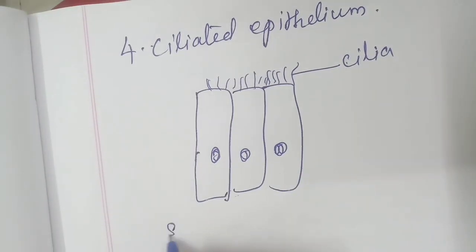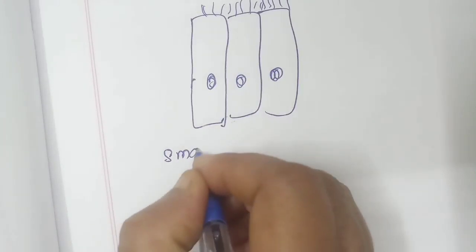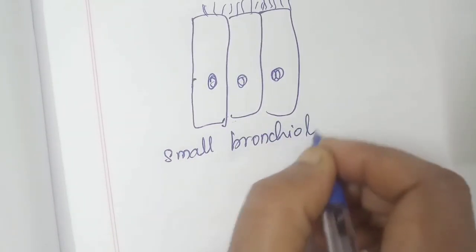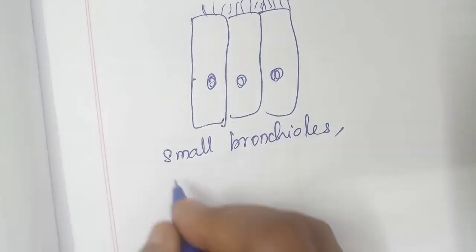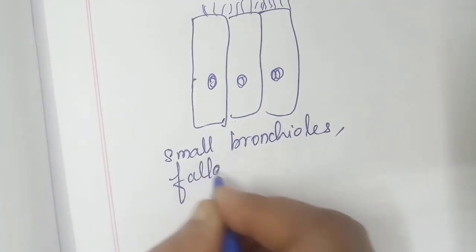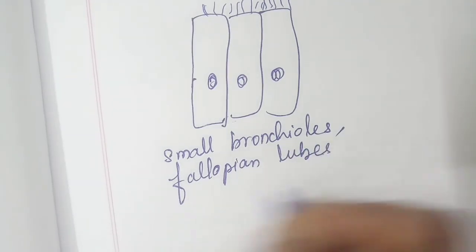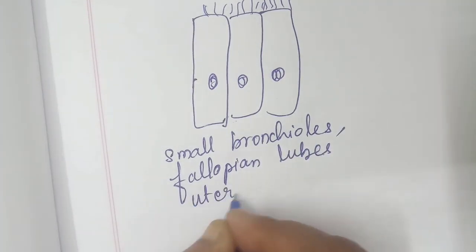These are found in the small bronchioles, fallopian tube, and uterus.